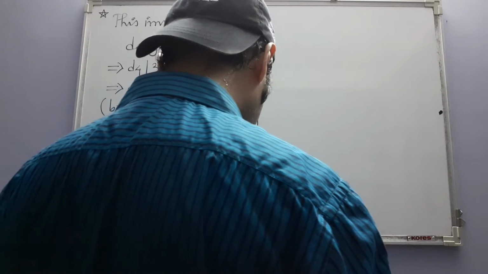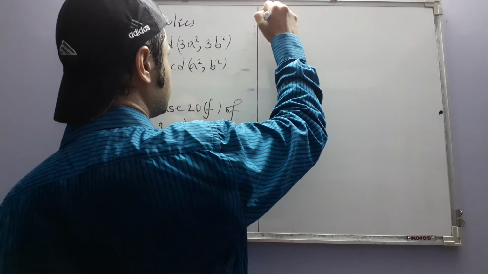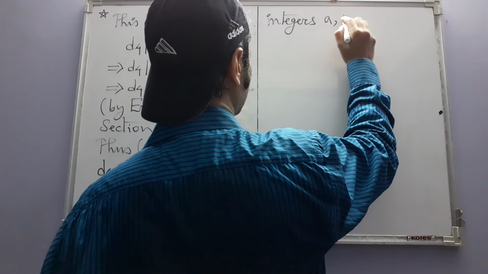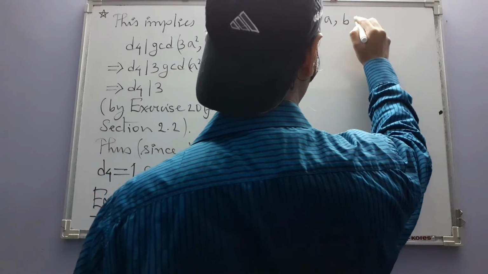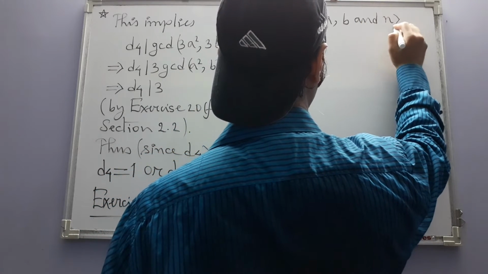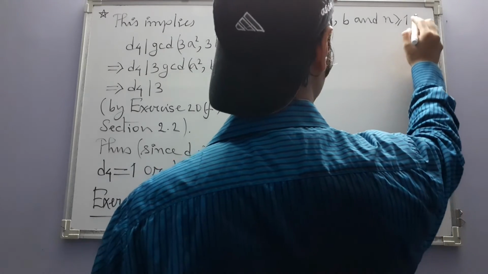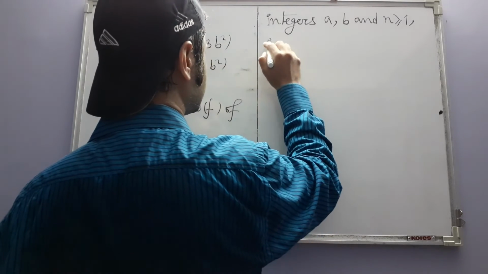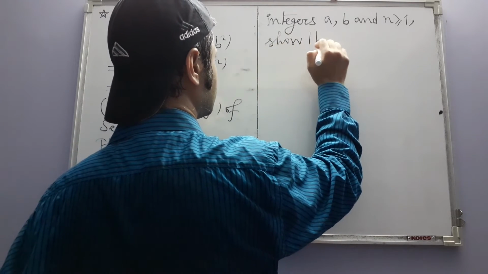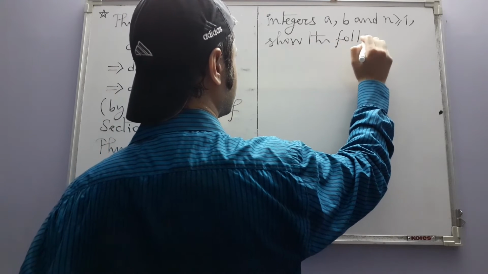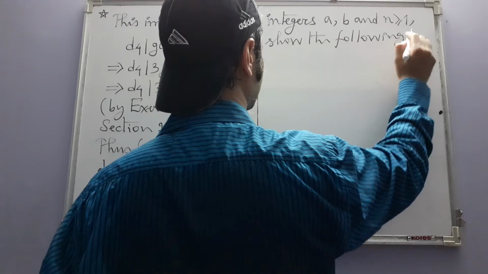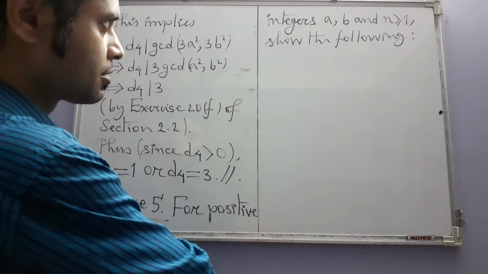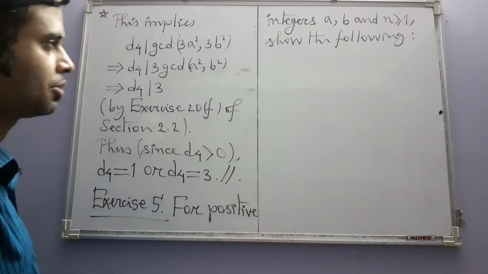For positive integers a and b, and n greater than or equal to 1, show the following. Well, the author could have just simply said for positive integers a, b and n, because n greater than or equal to 1 means it's also a positive integer.